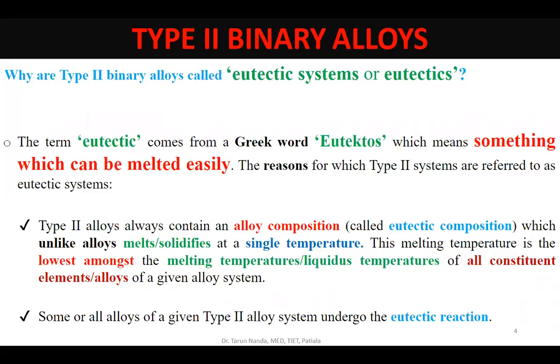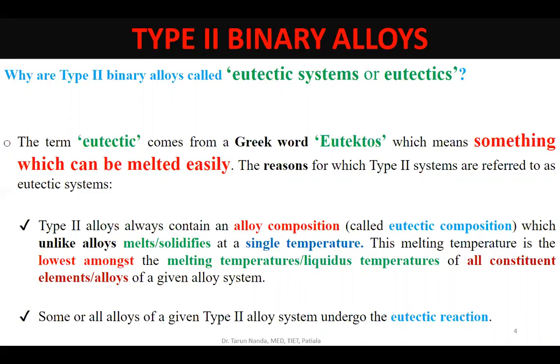Alloys would always have a solidification temperature range. They will not melt or freeze at a single temperature as the metals do. But type 2 systems will always have a composition which, unlike the alloys, will melt or solidify at a single temperature. So it would not have a freezing range or a melting range, rather it would have a sharp melting point or a freezing point like the pure metal systems.